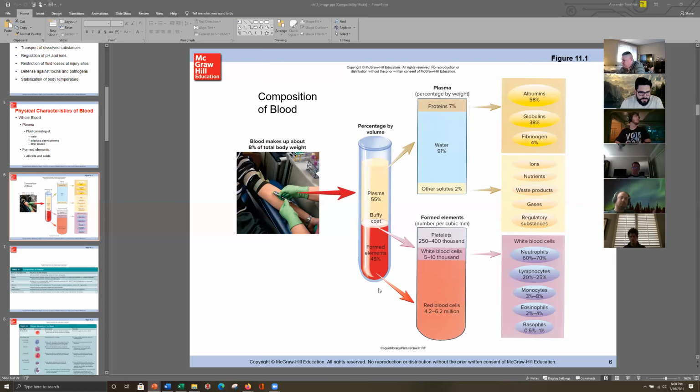So let's say about 6 million. A single microliter has 6 million red blood cells.